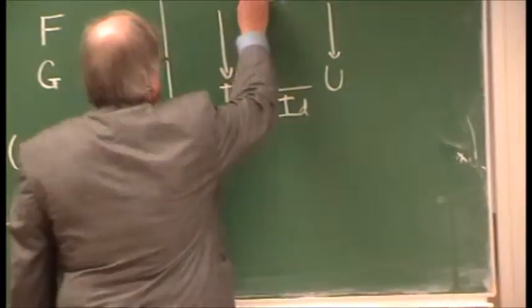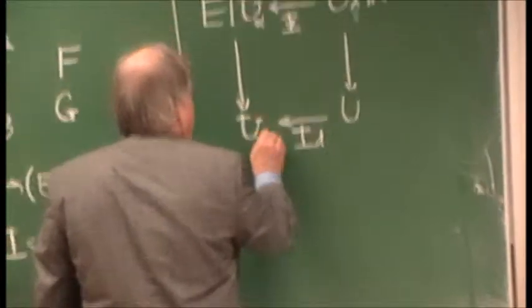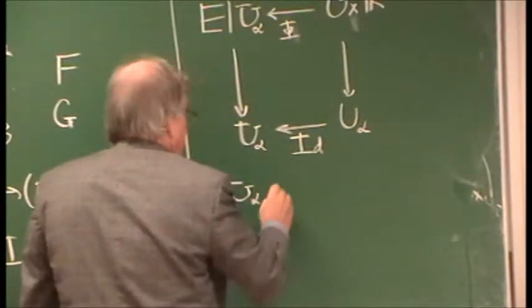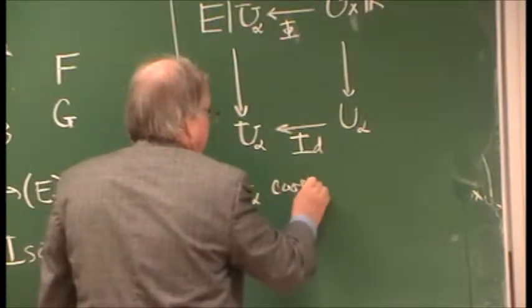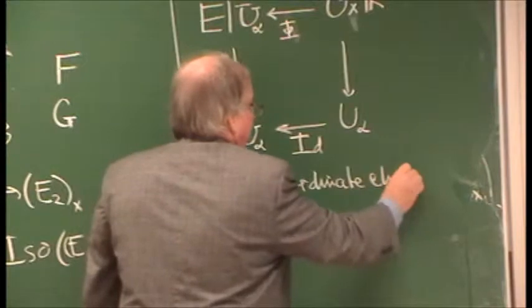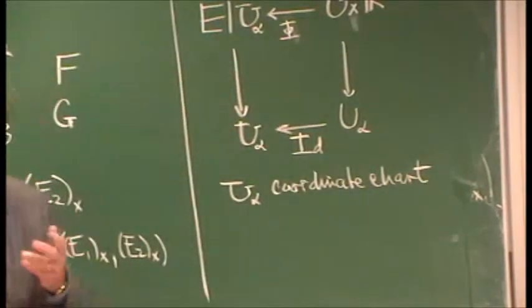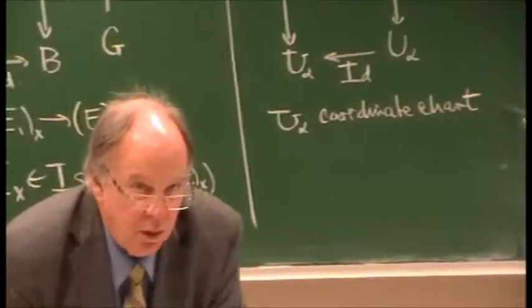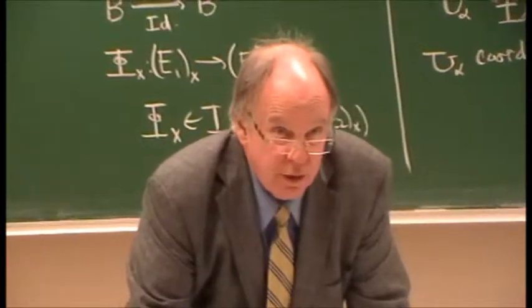If this is a coordinate chart, then isn't it isomorphic to Rn locally? Yeah, locally.